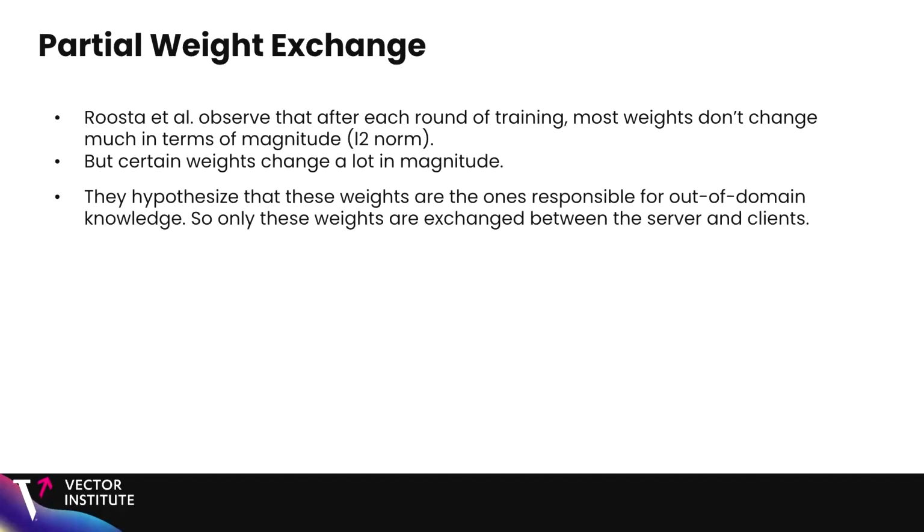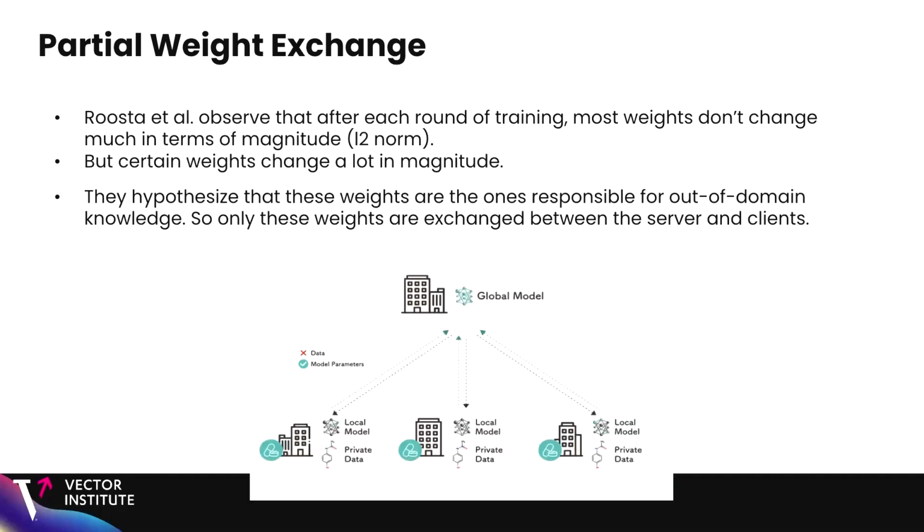They hypothesize that those are the weights that are responsible for out-of-domain knowledge. And what do I mean by out-of-domain knowledge? Remember that in federated learning, we really want to leverage the information that's contained in all of those data and combine it together to train a global model. So out-of-domain knowledge just means knowledge that is very specific to the training data held by each specific client.